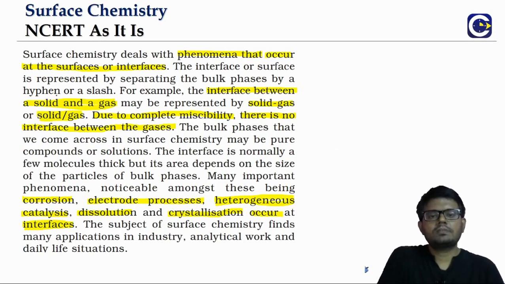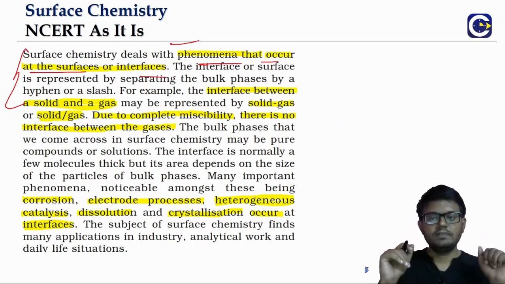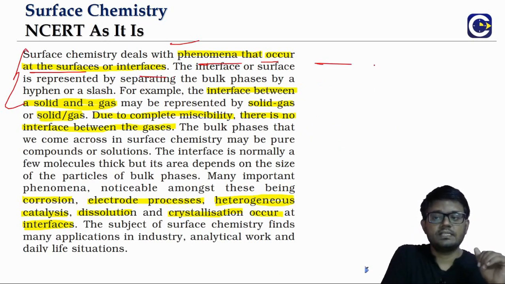First, when we talk about surface chemistry, it is basically dealing with the phenomena that happen at the surfaces or interface. When we say surfaces or interface, for example, we have a solid which is in contact with a liquid. So we have an interface here.